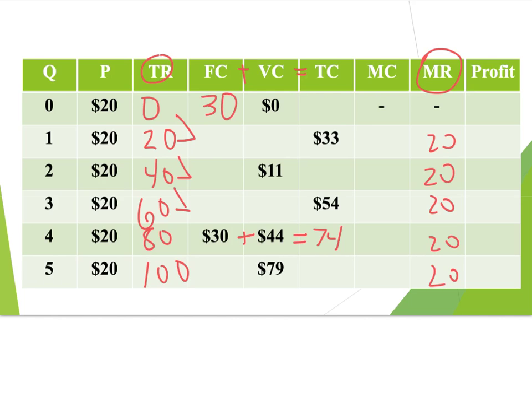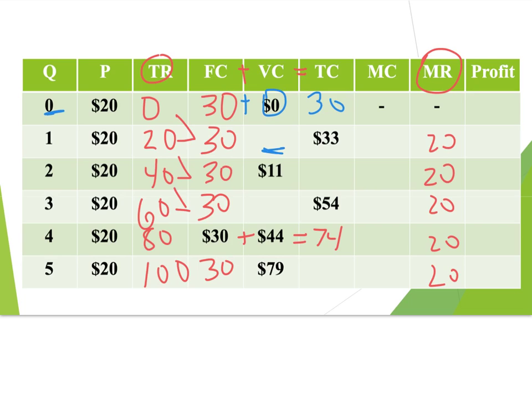Regardless of how many units I produce, fixed cost is always the same. It's always going to hold true that at 0 units, variable cost is always 0. So if this were blank instead, you'd know the variable cost of producing 0 units is 0. You're not hiring any labor if you're not producing any goods. So fixed plus variable equals total.